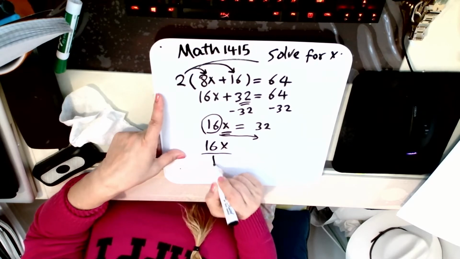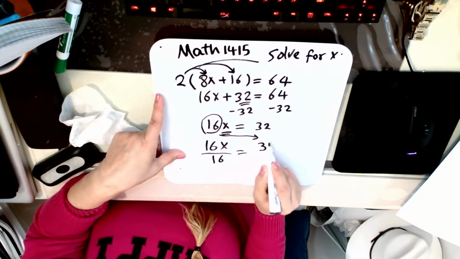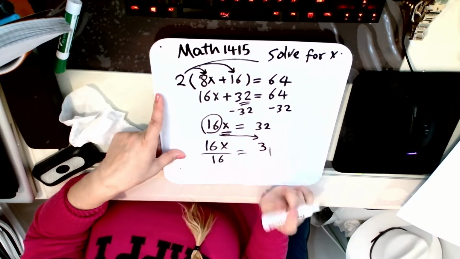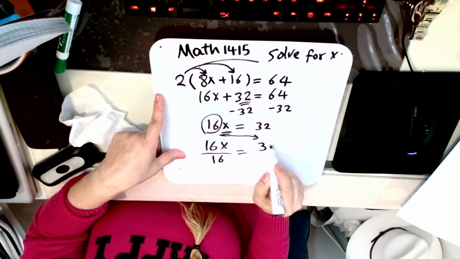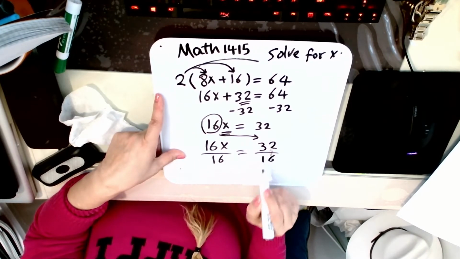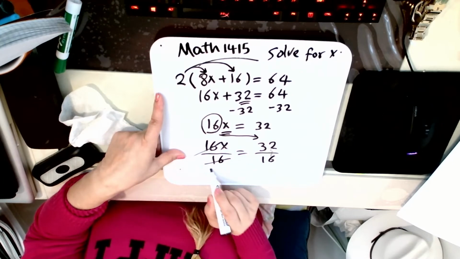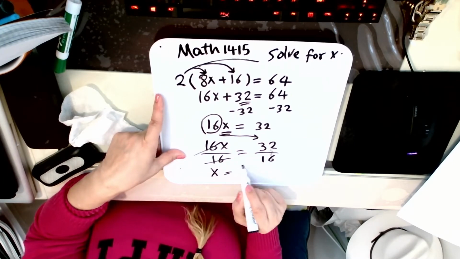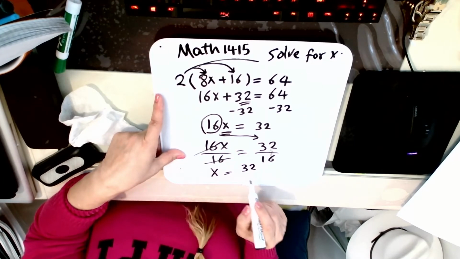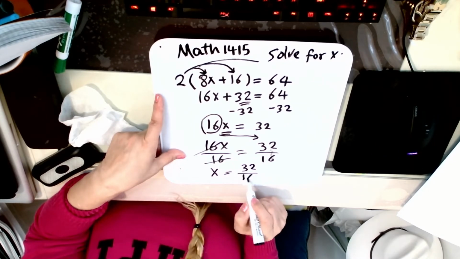16x over 16 equals 32 divided by 16. X equals 32 over 16.